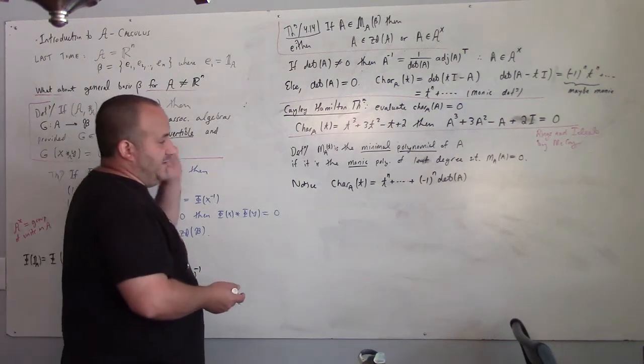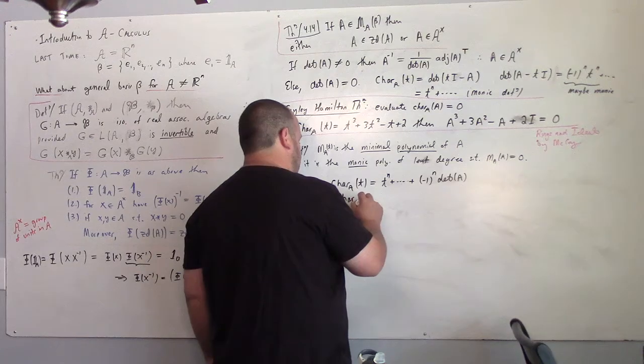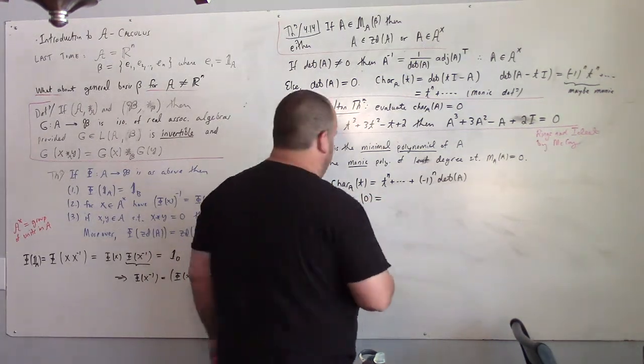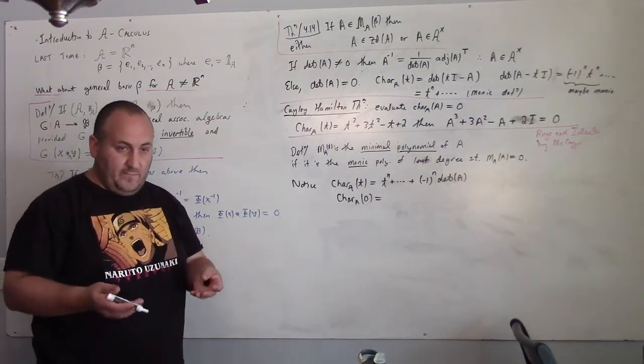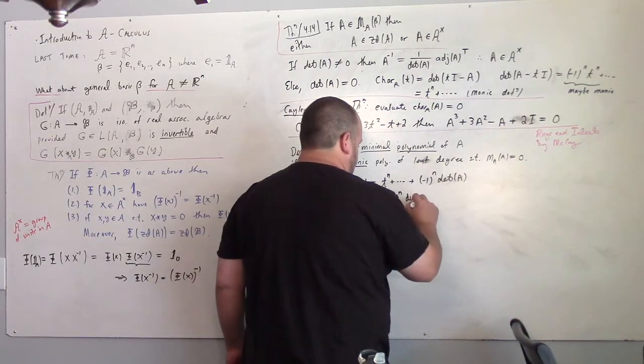So the characteristic polynomial of the matrix A evaluated at 0, what happens? Any polynomial evaluated at 0, all that survives is the constant term. The constant term here happens to be minus 1 to the n times the determinant of A.